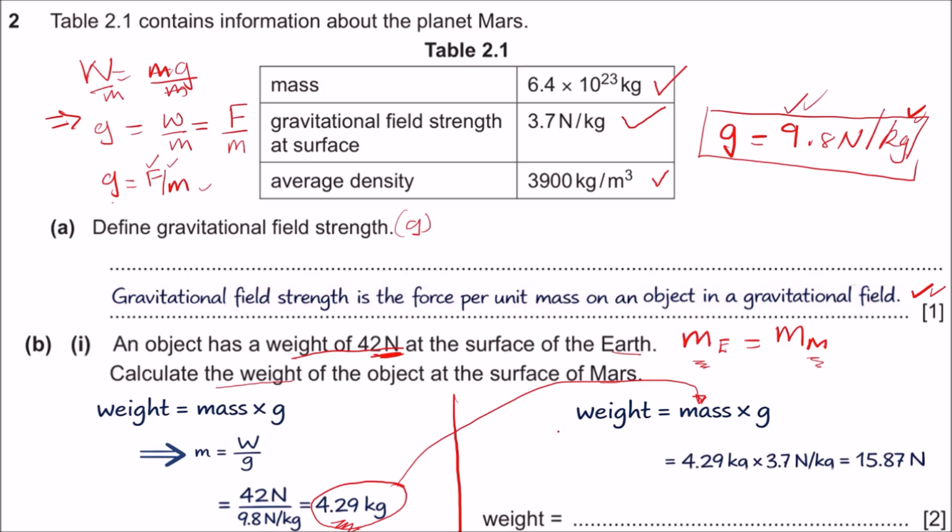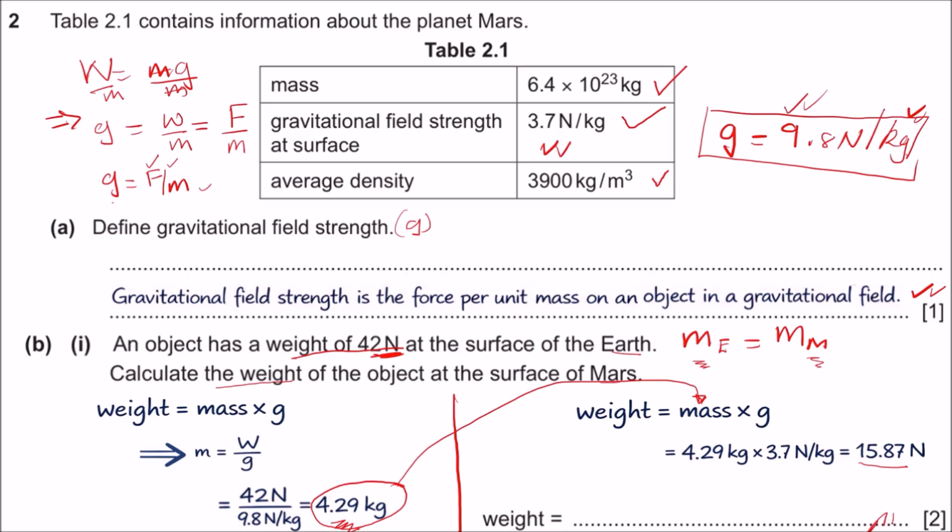So we do our substitution. 4.29 times gravitational field strength of Mars, which is given on the table as 3.7, and we get our 15.87 newtons.